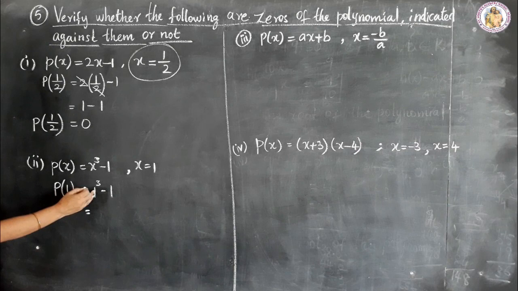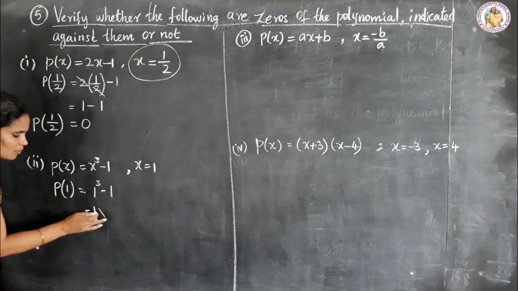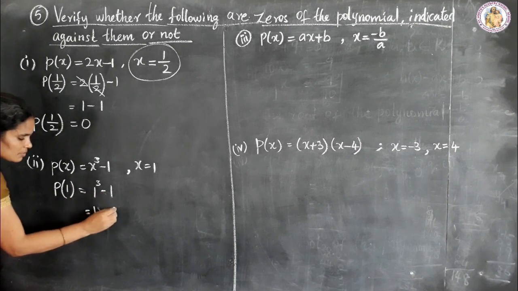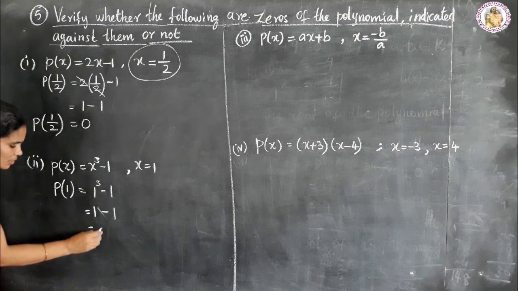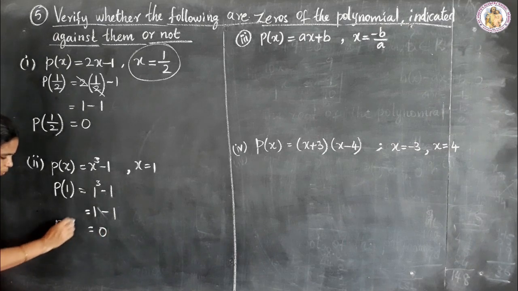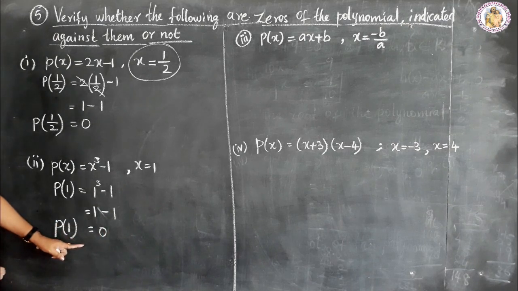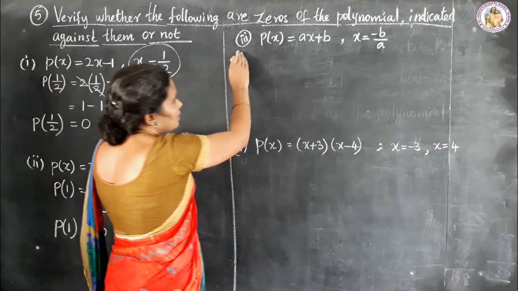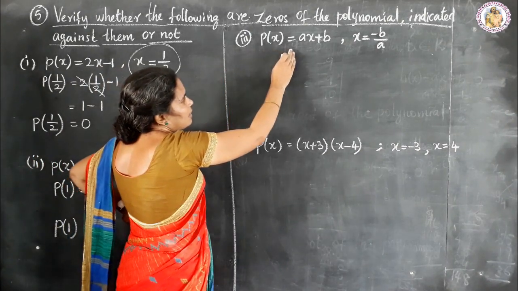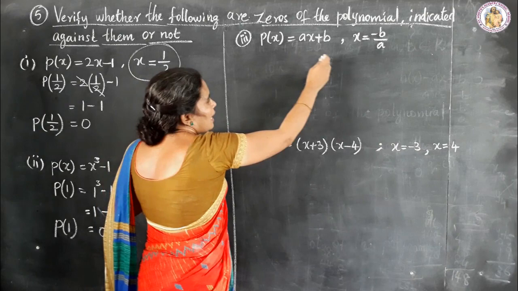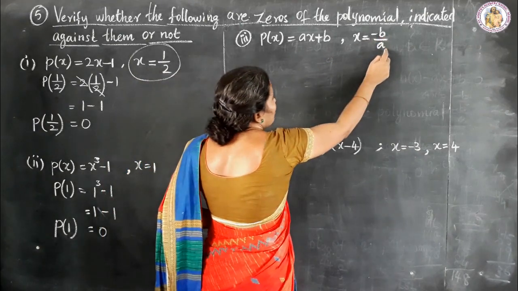1 into 1 into 1. So 1 into 1 minus 1. 1 minus 1 is 0. So p of 1 is equal to 0. And question number 3. p of x is equal to ax plus b and x is equal to minus b by a.